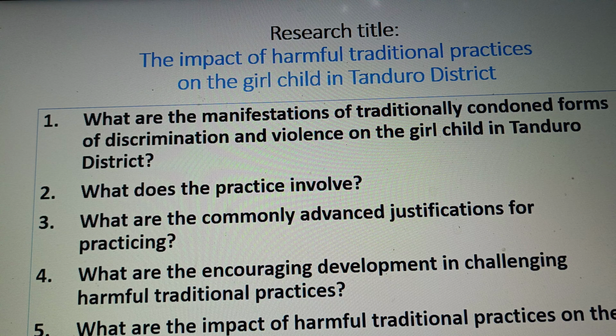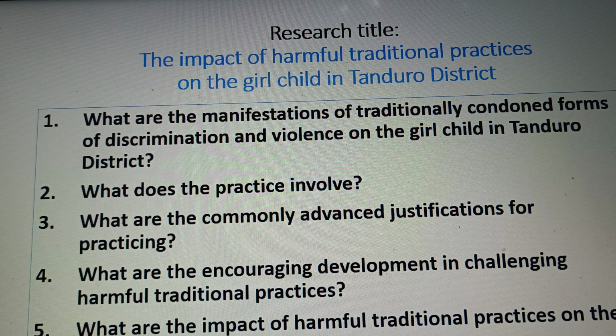The research title is read as, the impact of harmful traditional practice on the girl child in Tanduro district. Here, it is not only stating harmful traditional practices, but also the harmful traditional practices which happen on the girl child.